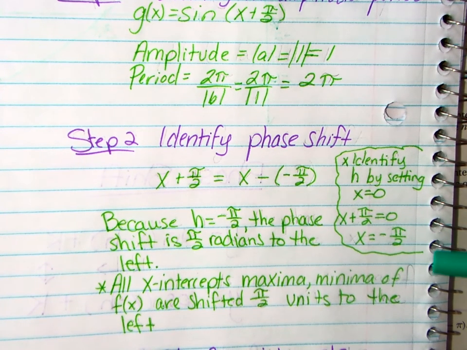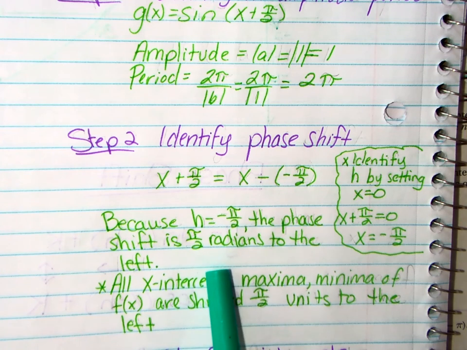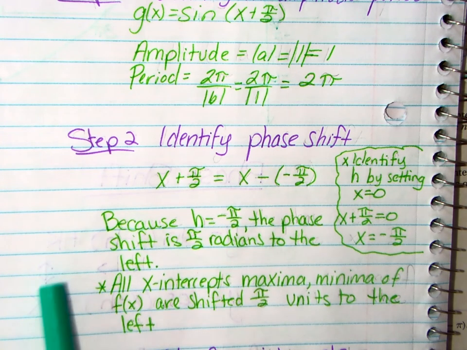Because h equals negative pi over 2, the phase shift is pi over 2 radians to the left. All x-intercepts, maxima, and minima of f of x are shifted pi over 2 units to the left. So we are going to pick up our sine graph and move it pi over 2 units to the left.